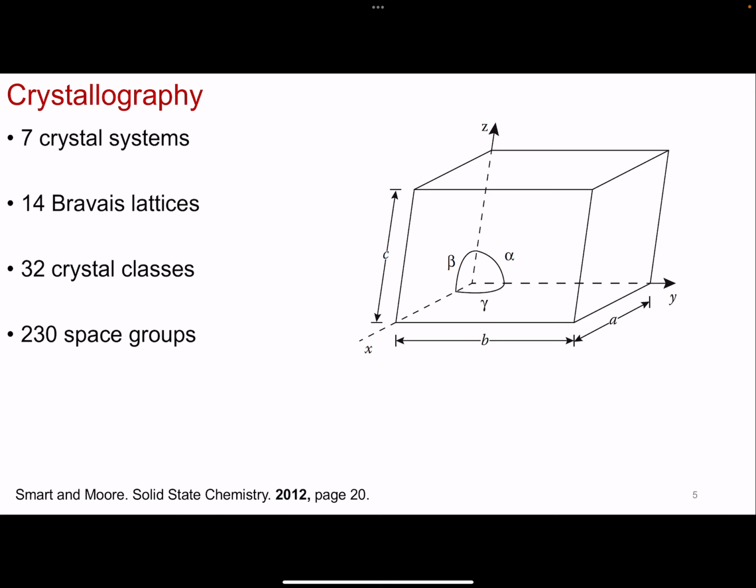Well, we need to start a classification system where we can categorize the material in 7 different crystal systems, or one of 14 Bravais lattices, 32 crystal classes, and then with symmetry elements such as screw axes and glide planes, we can form 230 space groups, right? All starting from here.